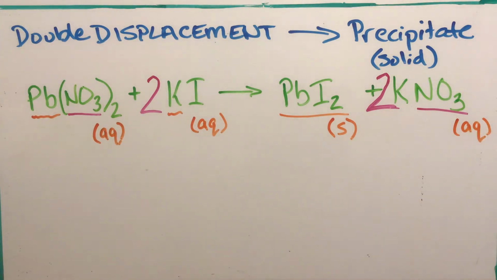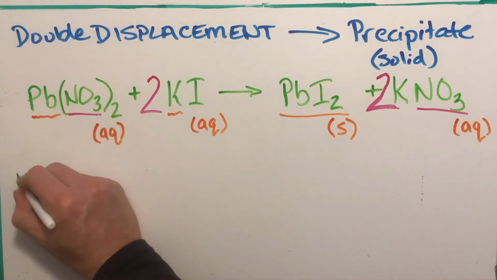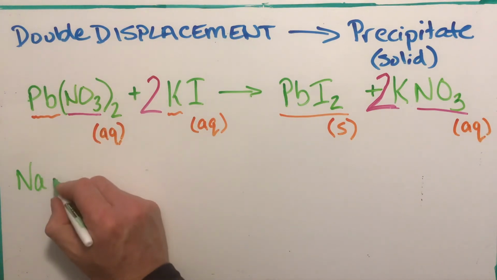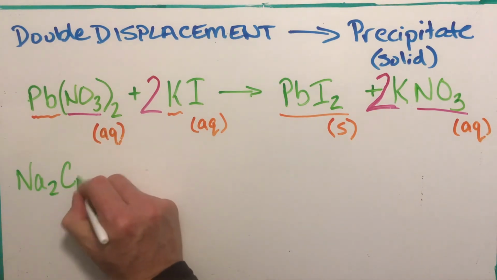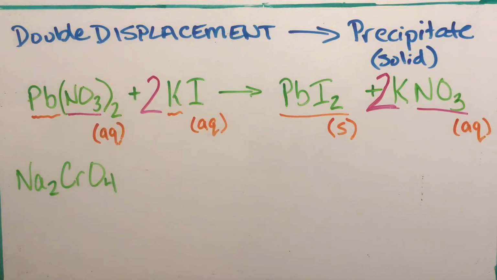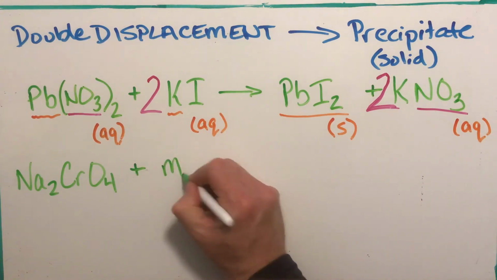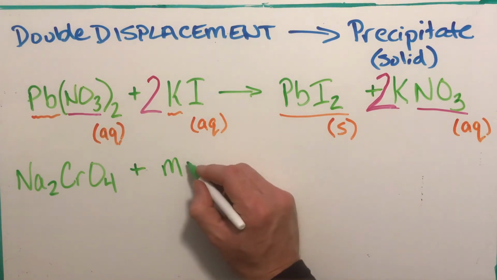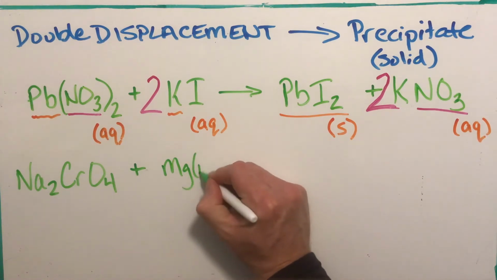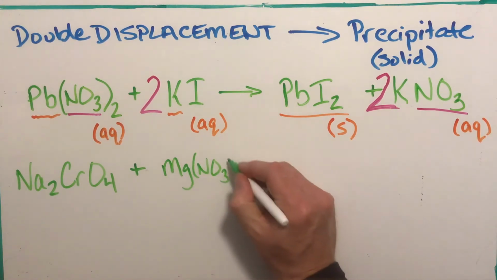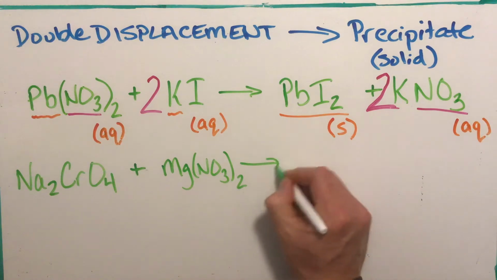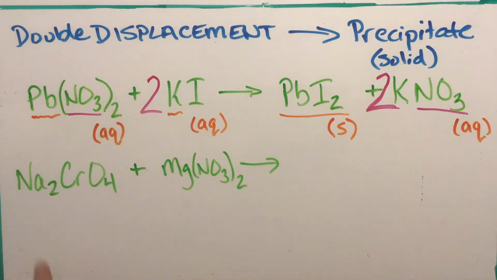All right, let's try another one. The next one we'll do is sodium, and we'll mix this with a polyatomic we haven't met yet. This is chromate. So sodium chromate and magnesium nitrate. So sodium chromate, magnesium nitrate.